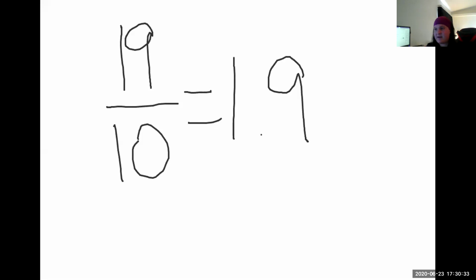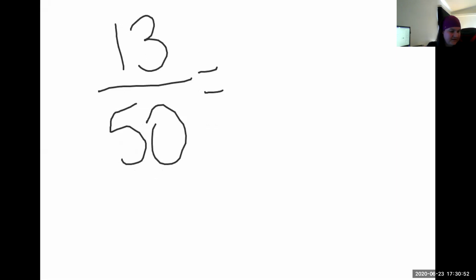So all you would do is divide 19 by 10. That equals 1.9. So if we are changing our fraction to a decimal, you just divide. It's really simple.